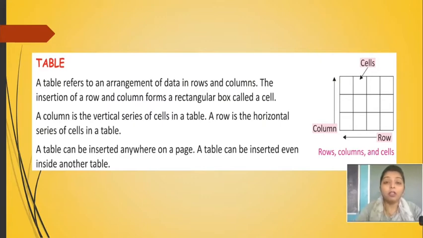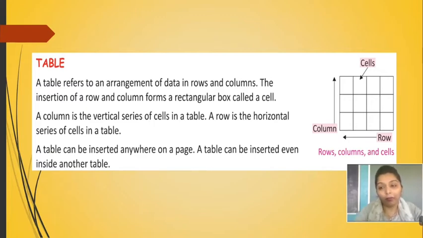Now what is table? A table refers to an arrangement of data in rows and columns. जो हमारी इंफॉर्मेशन होती है रोज और कॉलम में, a table refers to that. The insertion of a row and a column forms a rectangular box called a cell. Now, on the right hand side, you can see there is a small diagram defining the column and the row.